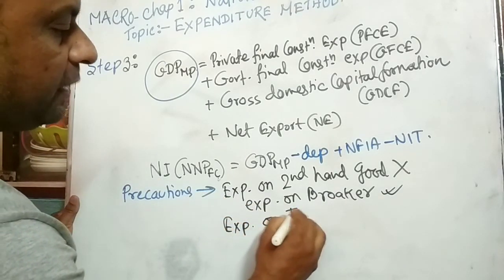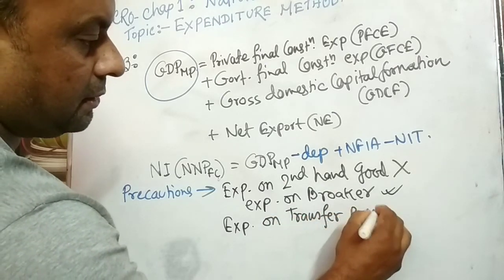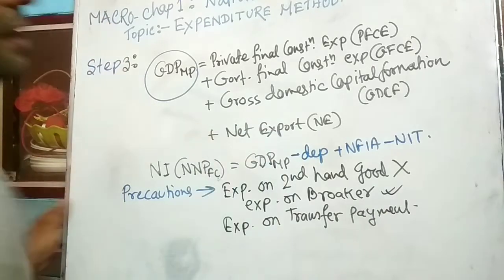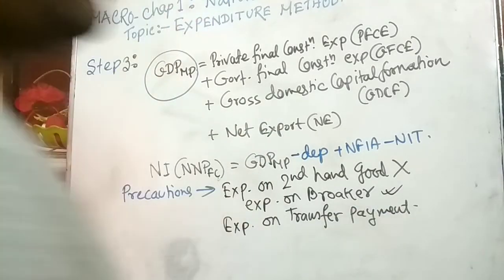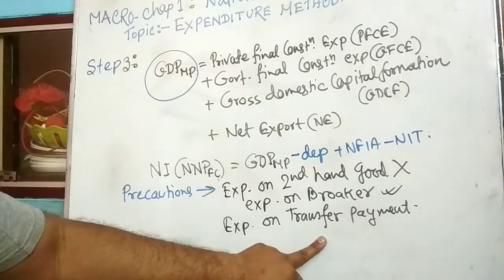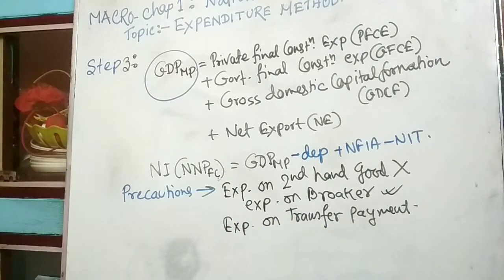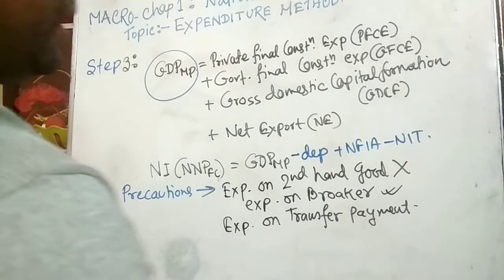Expenditure on transfer payment is not included. Suppose the government makes a transfer payment to a farmer by giving subsidies or other expenditures. It will not be included because it is a transfer payment, a one-way transaction, with nothing received in return. So transfer payment expenditure is not included in national income.